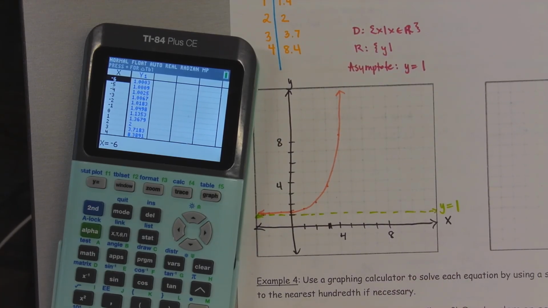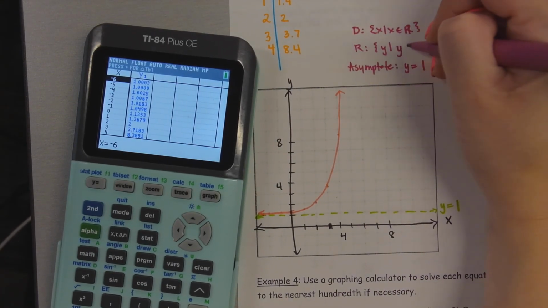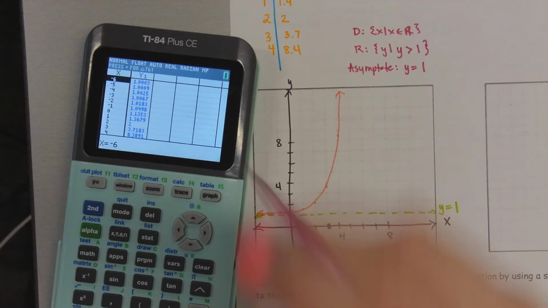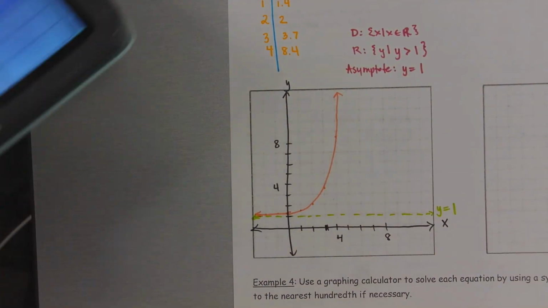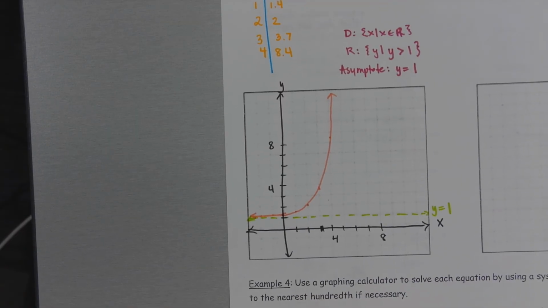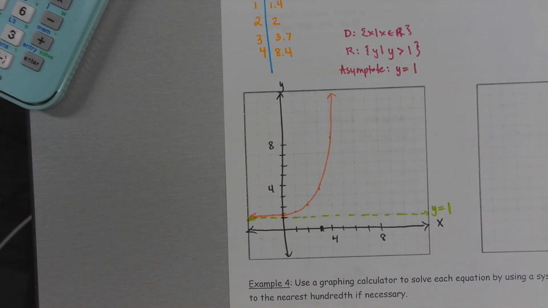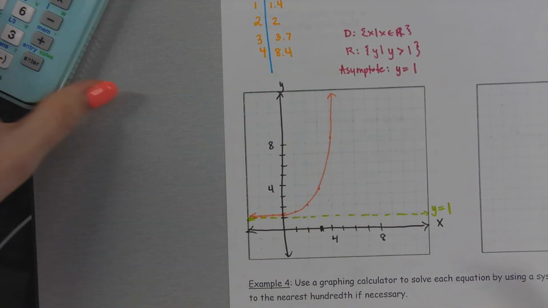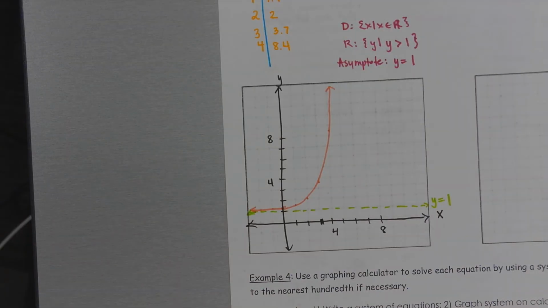It's either going to be above it or below it. So this has all the points above, so it'll be y is greater than 1. Okay, and once you finish that, I want you to go ahead and start part B. So find where the center of your table is going to be, and then let's plug that into our y equals.